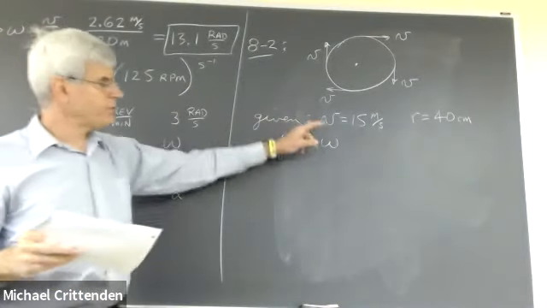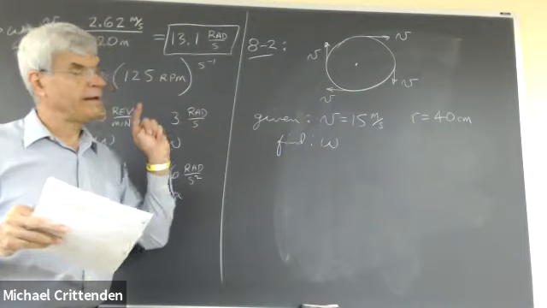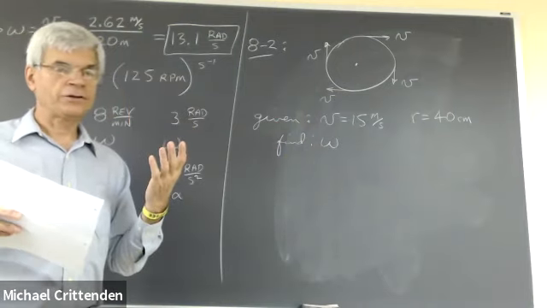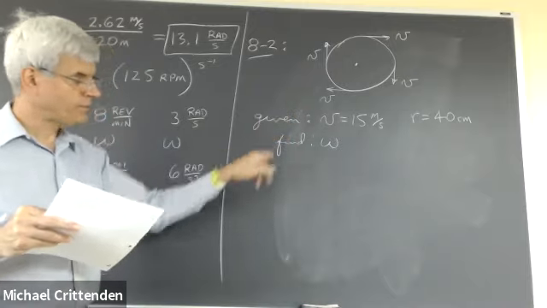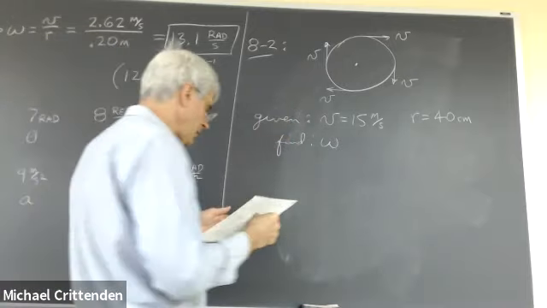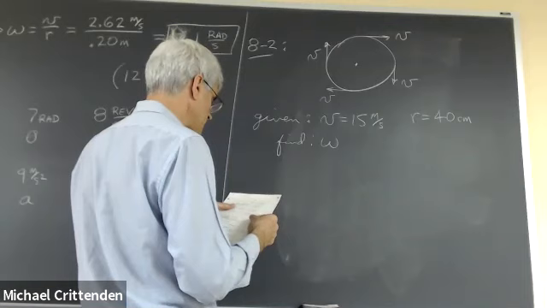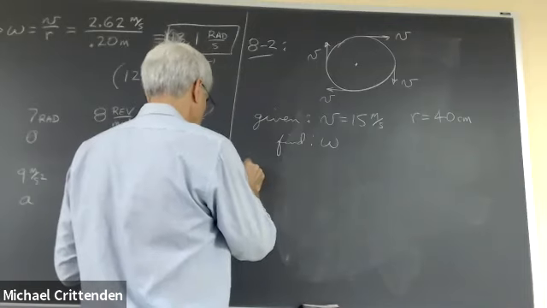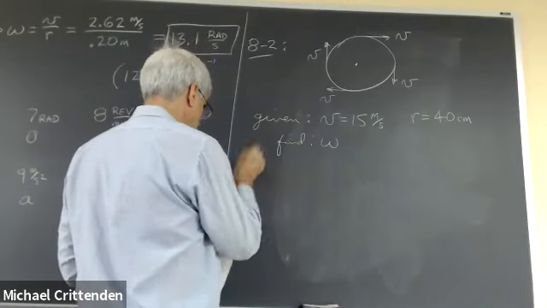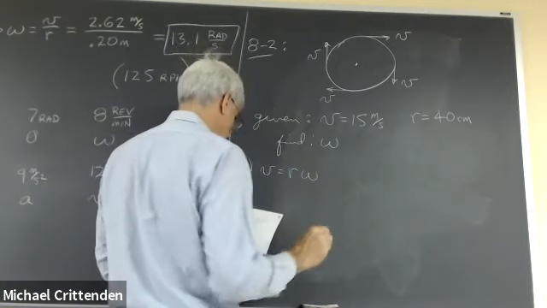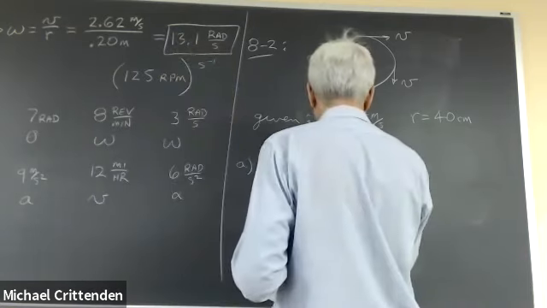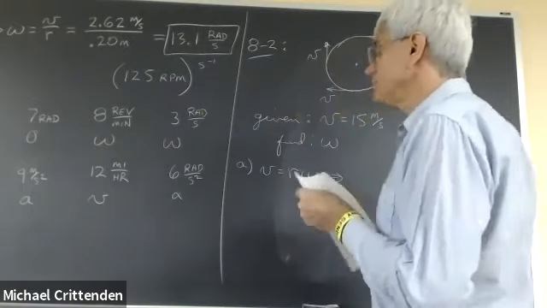So you know those two things, you're looking for this thing, and you look around the formula sheet for an equation that contains just those three things, and you find one. This would be part A of the question. V equals R times omega.